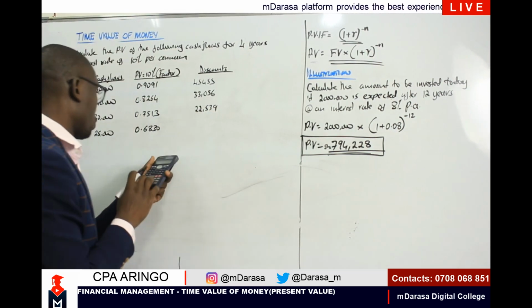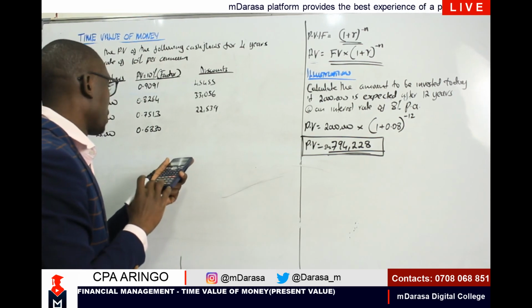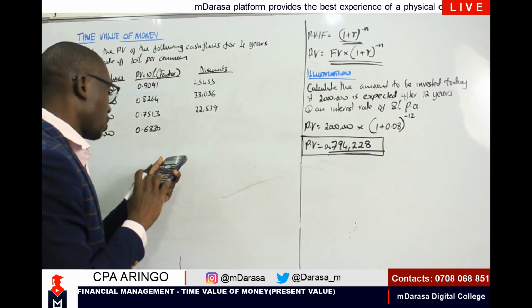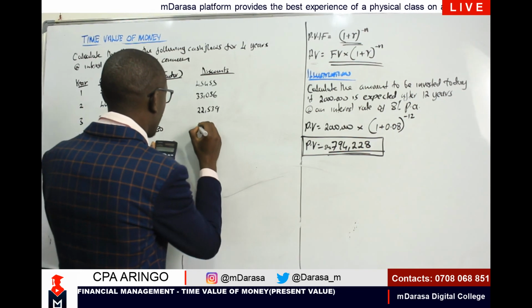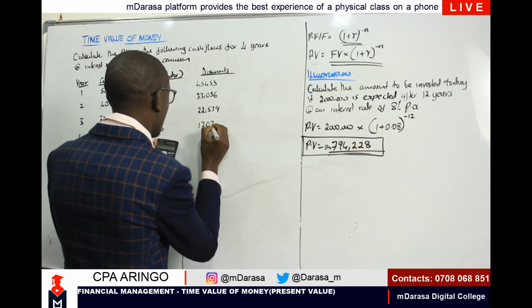And the last one, 25,000, we multiply by 0.6830. That should give us 17,075.